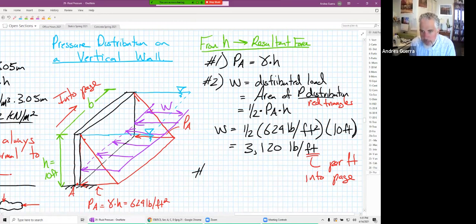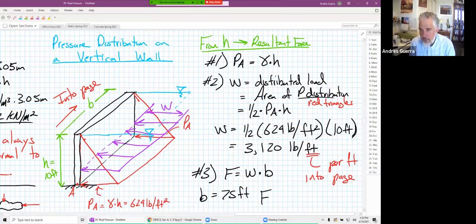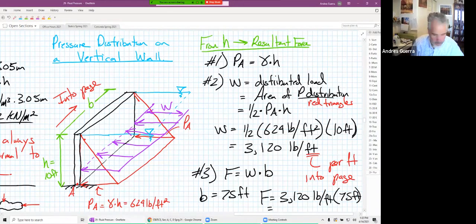And then our third step here is we can calculate our force, and F is going to be equal to W times that distance into the page, B. Let's say B is equal to 75 feet. And so our F would be 3,120 pounds per foot times 75 feet. I need my calculator.